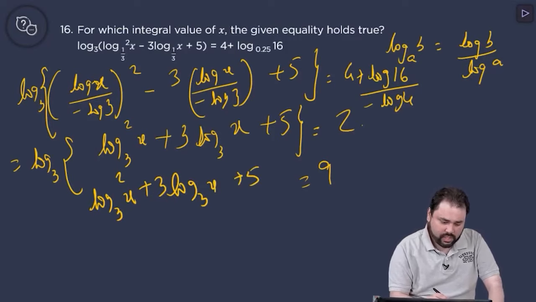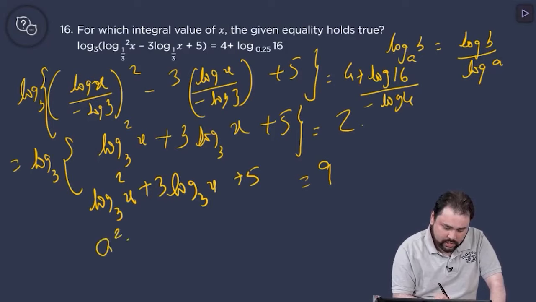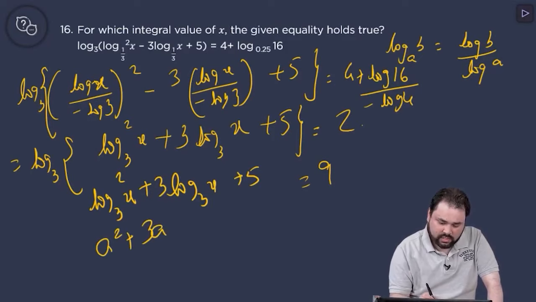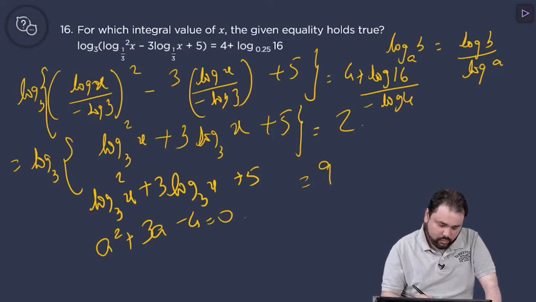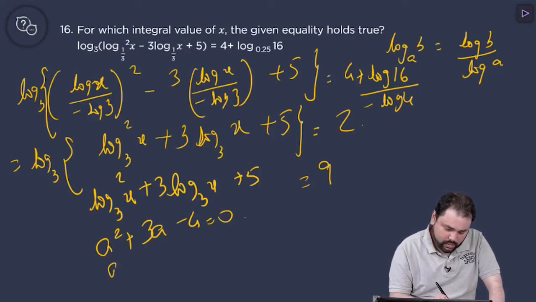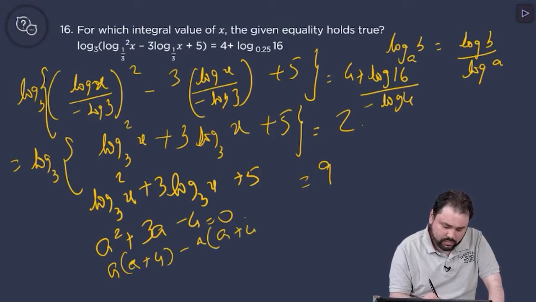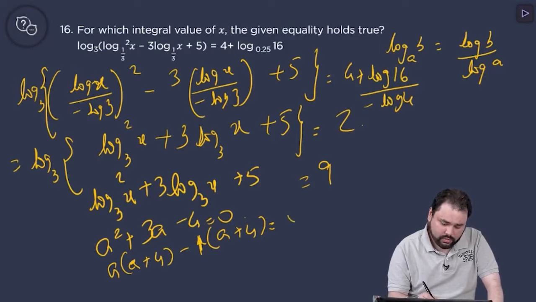So if this log base 3 x is, say, a, I can say a squared plus 3a plus 5 is equal to 9, which means minus 4 is 0, which means a squared plus 4a minus 1... no, plus 4.